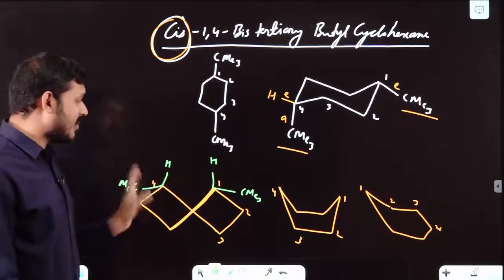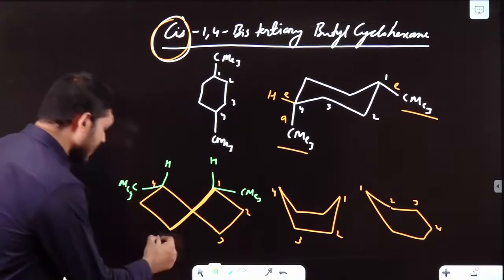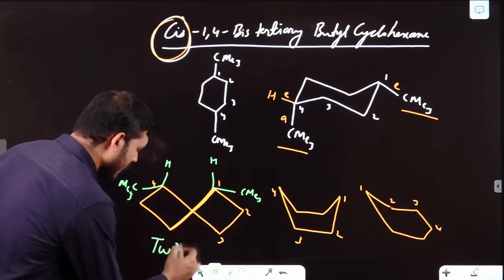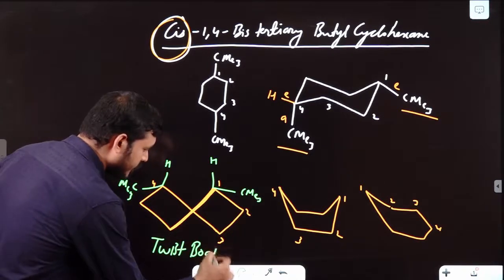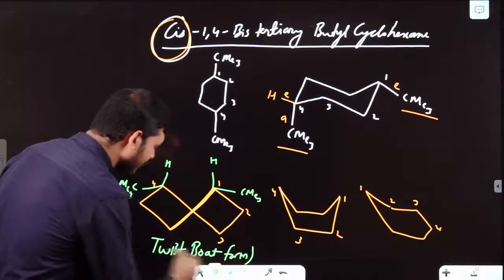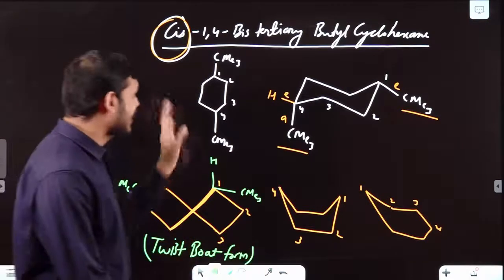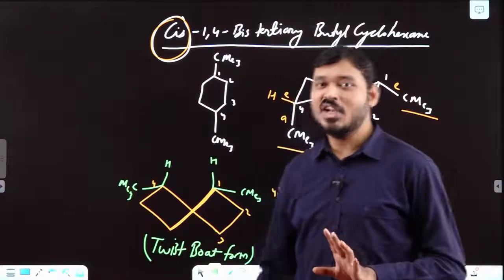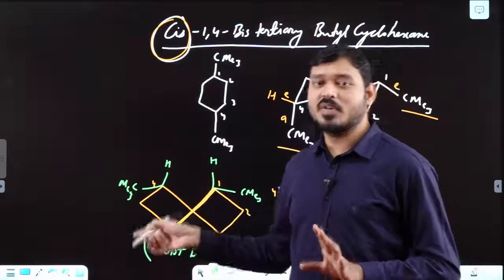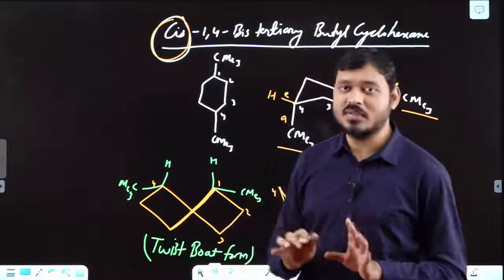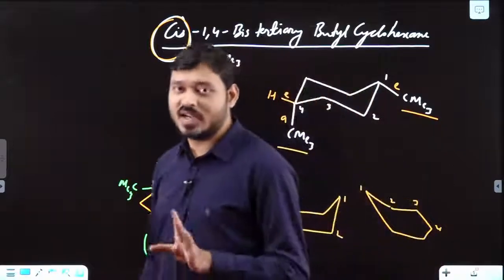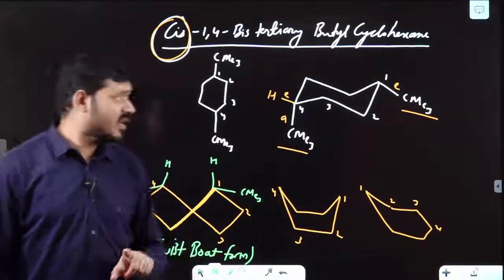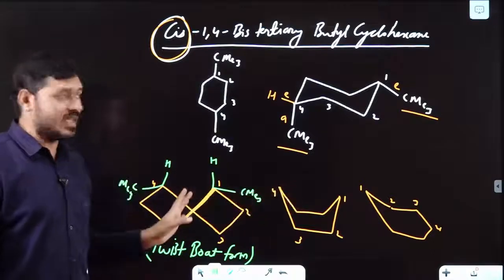Yes, this is the best possible case. So this is our twist boat form. Okay, so dear students, for this cis 1,4-bis tertiary butyl cyclohexane, twist boat form is the best possible or most stable form. Understand? This is the reason why we teach all these 4 cases.